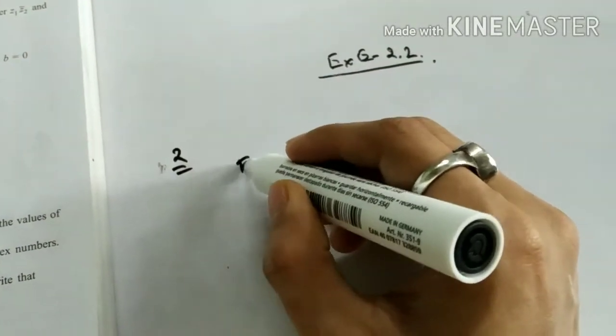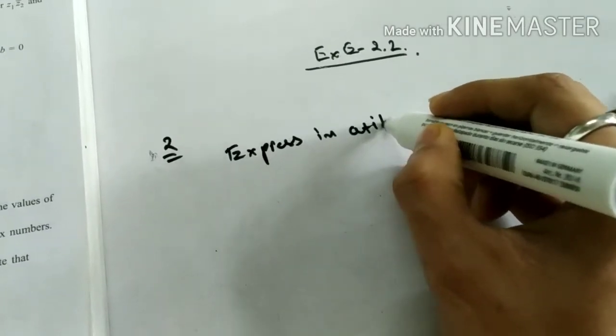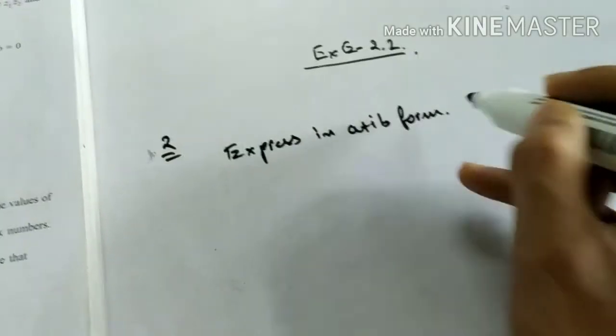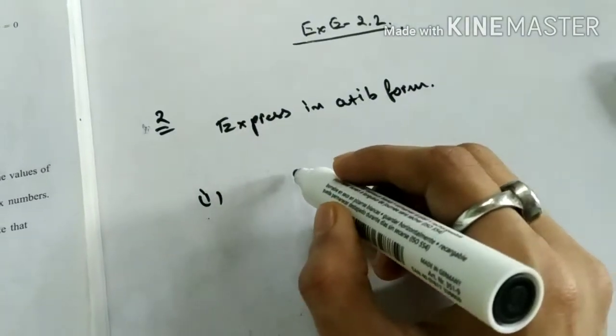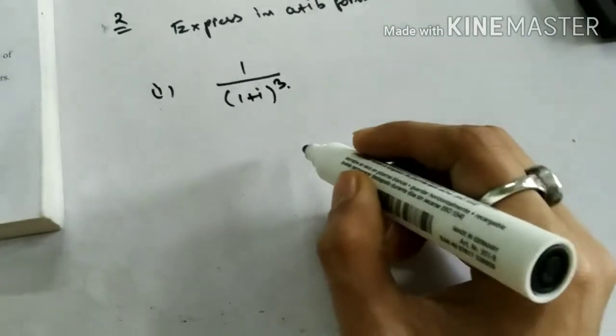So type 2, express in a plus ib form: 1 by (1 plus i) the whole cube.